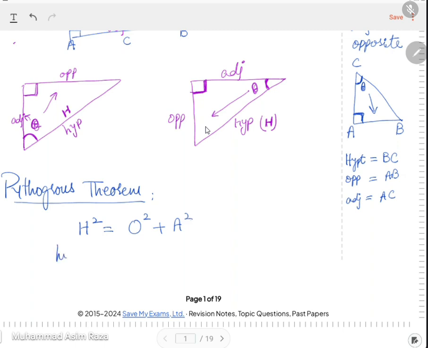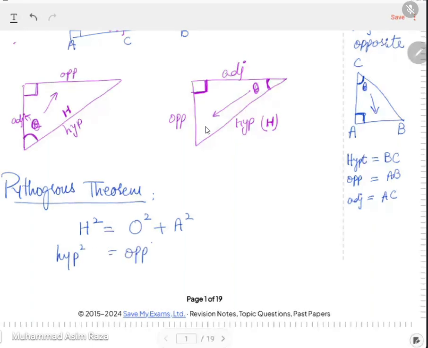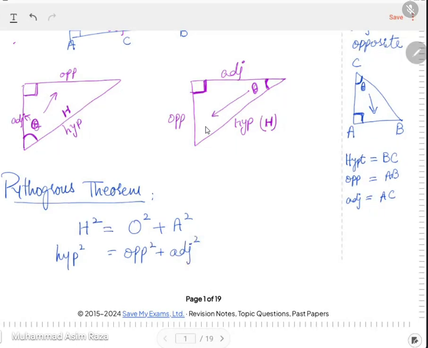You can also say it is like hypotenuse square is equal to opposite square plus adjacent square, right? Yes. So it is like this.